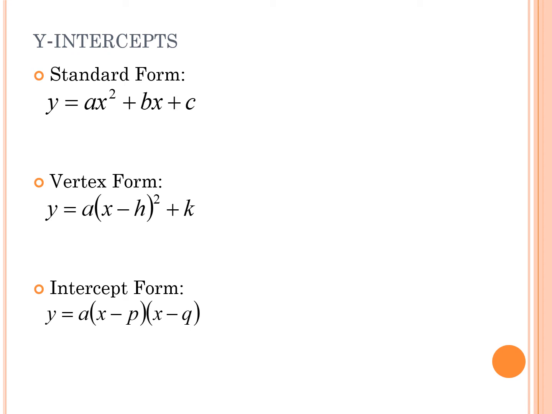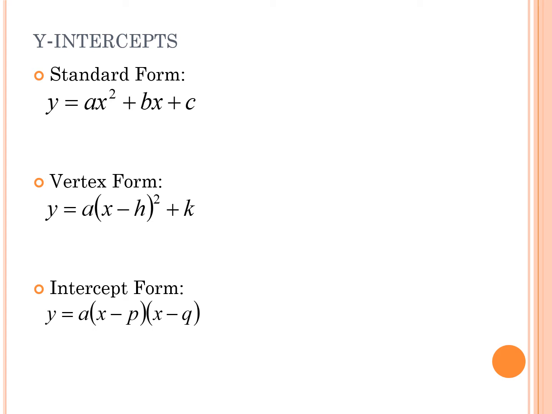Now y-intercepts kind of are the opposite of that idea, in that y-intercepts are where it crosses the y-axis, and so it's where x is 0. So here we're going to have to do a little bit of solving or plugging in. This one is a little bit easier for you. You're only going to have 1, and because it's a function, you're always going to have 1.